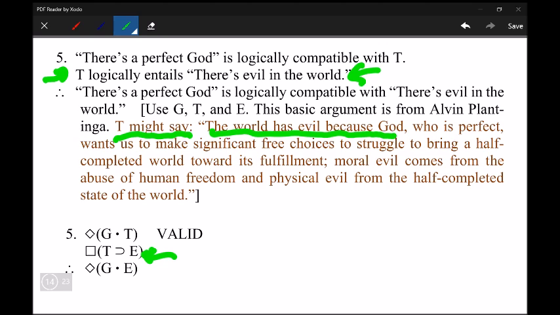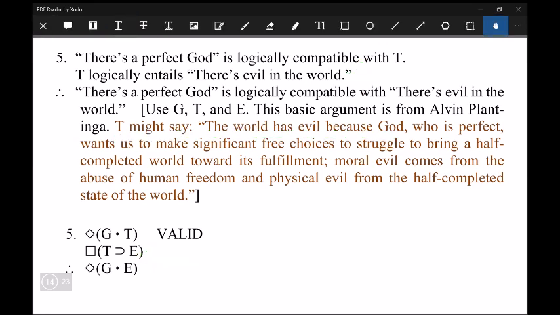So the second premise is not really very controversial, and it logically follows the conclusion that there's a perfect God is logically compatible with there's evil in the world. And again, this pretty much decided the issue among philosophers.